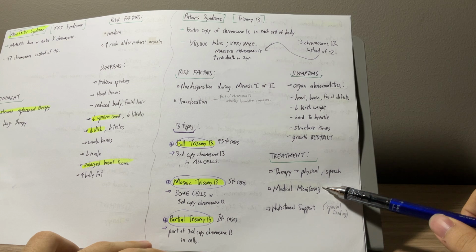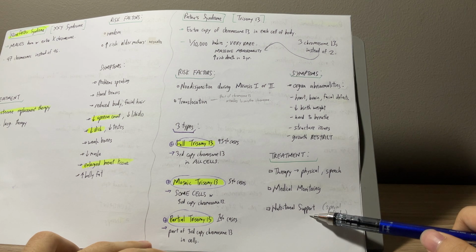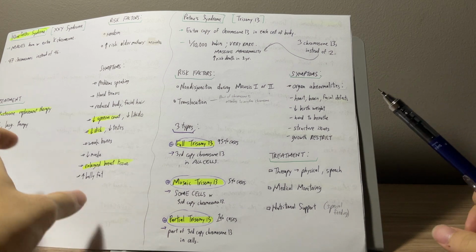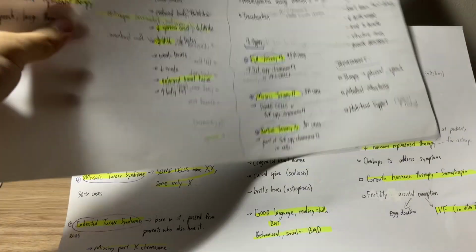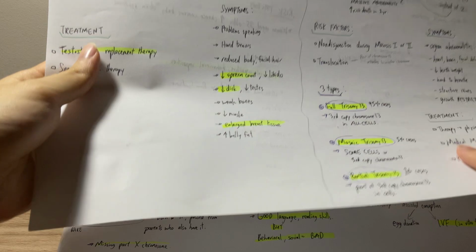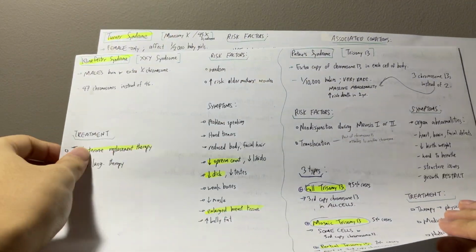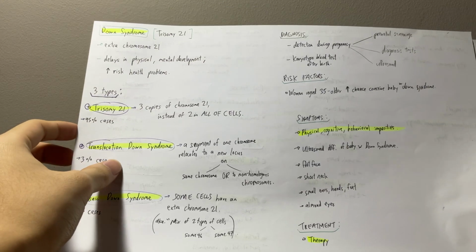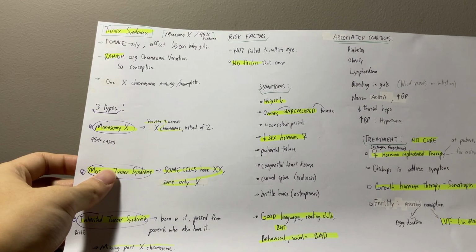We need medical monitoring and nutritional support. In other words, for instance, special feeding. So it's very expensive to treat patients who have, in general, chromosomal aberrations. Okay, next.